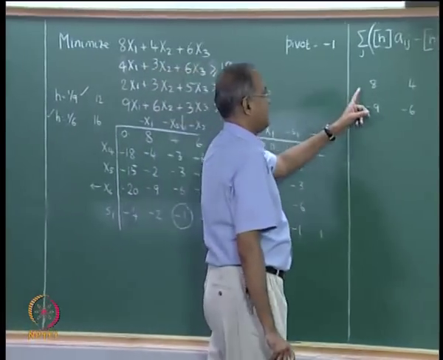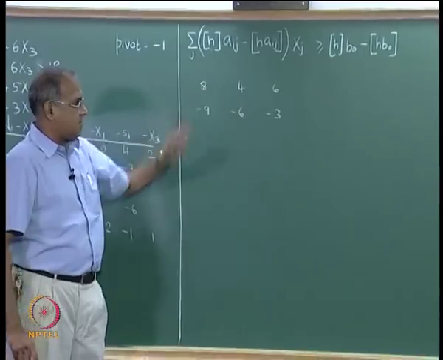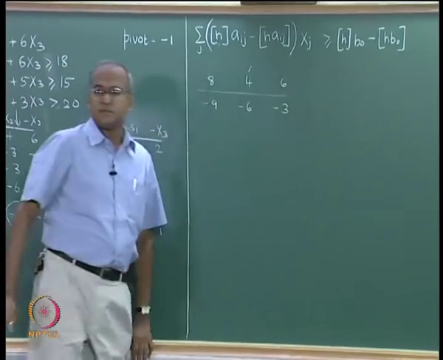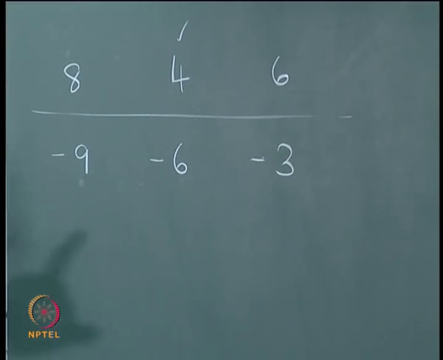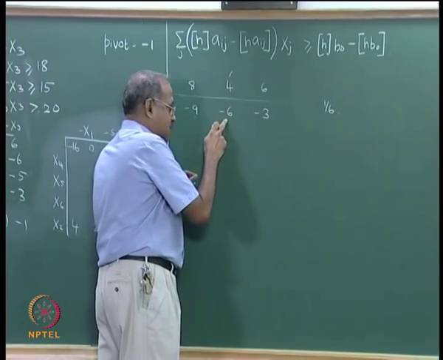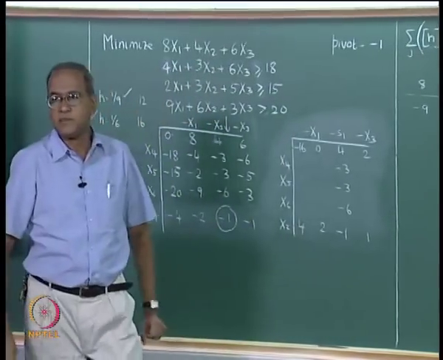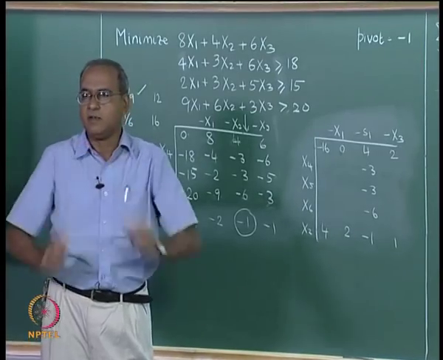Simply look at these numbers, take the smallest of this which is 4, take the smallest of this which is 4, and use 1 by 6, that is, take this number which happens to be minus 6 and use 1 by 6. Let us say that is one number that we can think of.